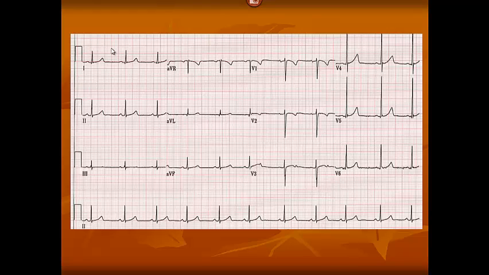There are 5 small boxes in each large box. Thus, each small box is 0.04 seconds. Let me illustrate to you. This is lead 1, 2, and 3. This is an extended lead 2, AVR, AVL, AVF, and V1 through V6.